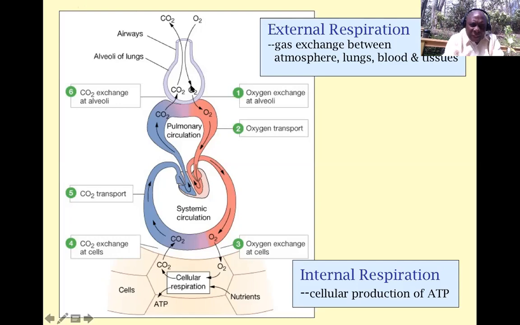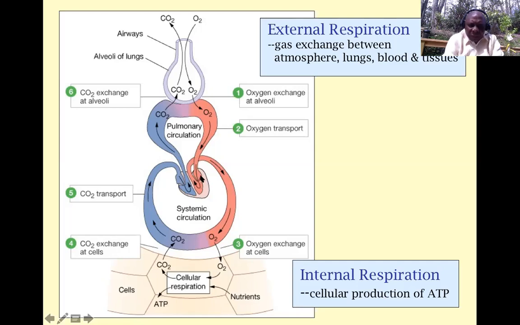And then again, there's another gradient between the alveoli and the pulmonary capillary, and then oxygen then will move in the blood from the lungs.